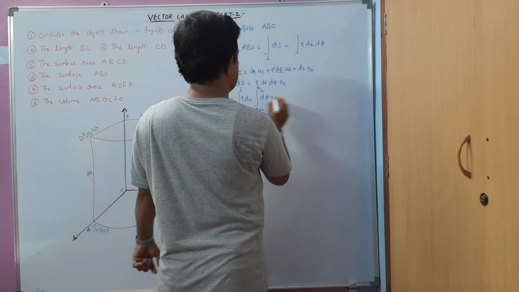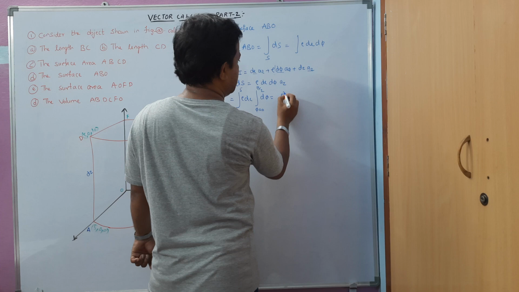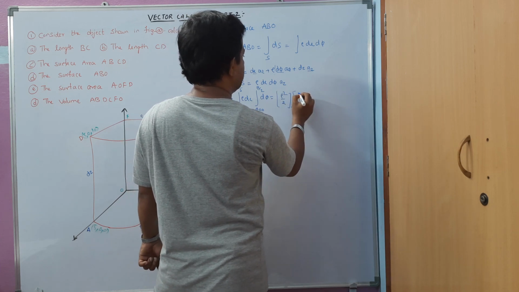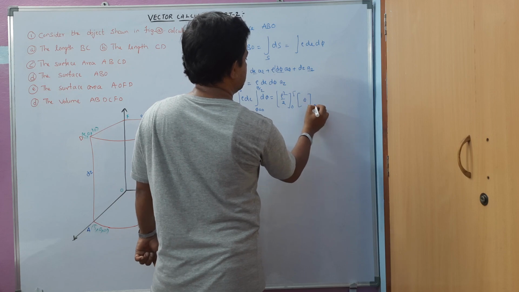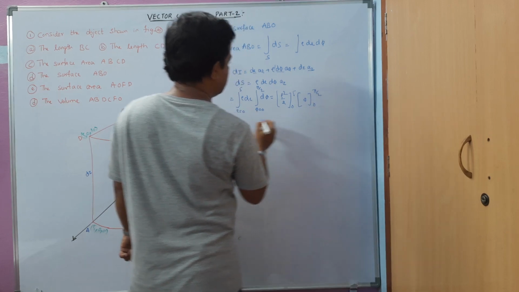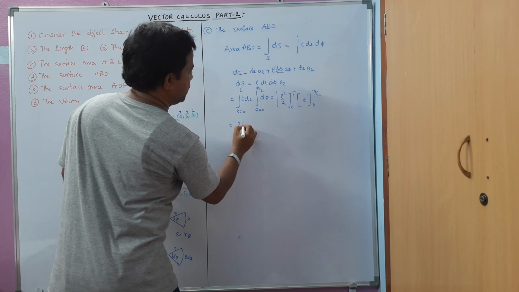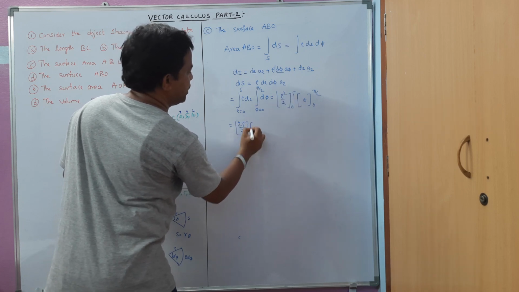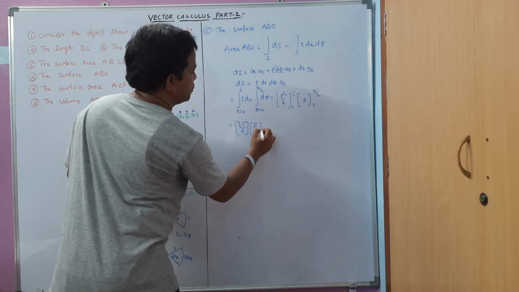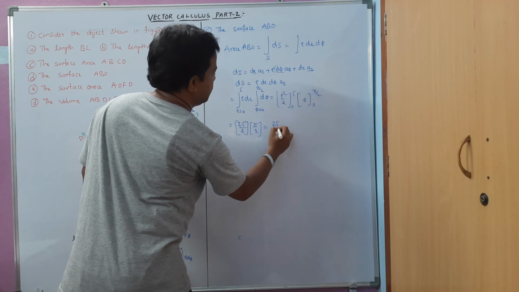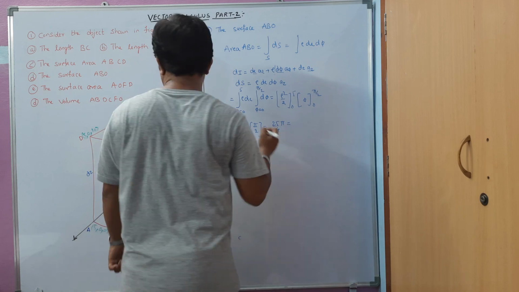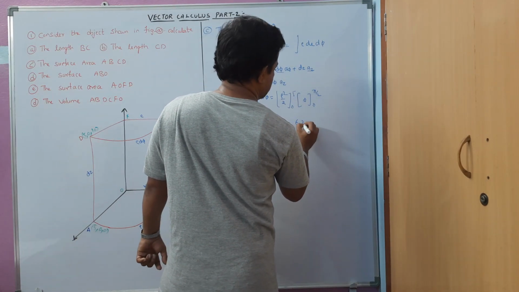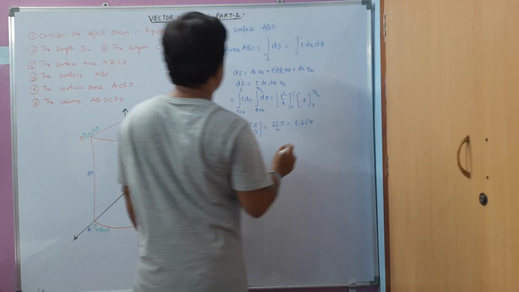The integration of rho d rho is rho square by 2 from 0 to 5, and d phi gives phi from 0 to pi by 2. So the answer will be 25 by 2 into pi by 2, which gives me 25 by 4 pi. So it gives me 6.25 pi. Hope it will be correct here.